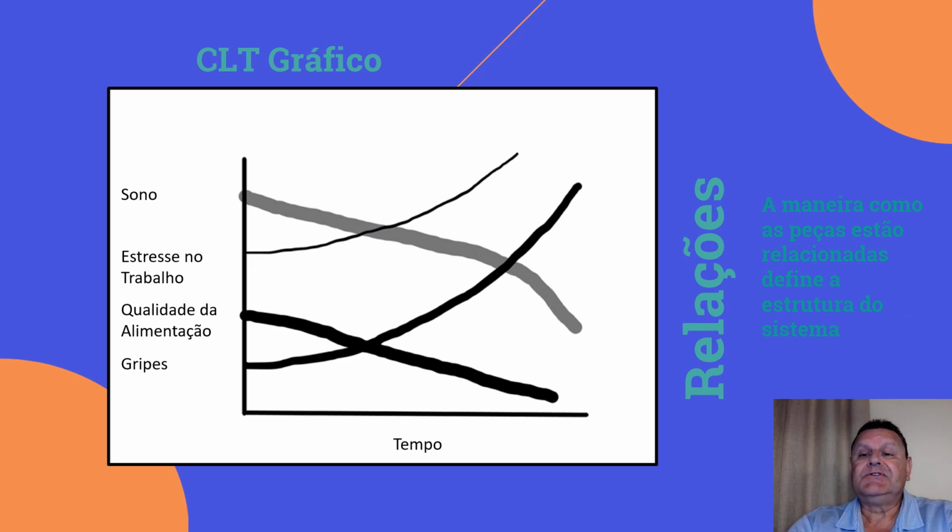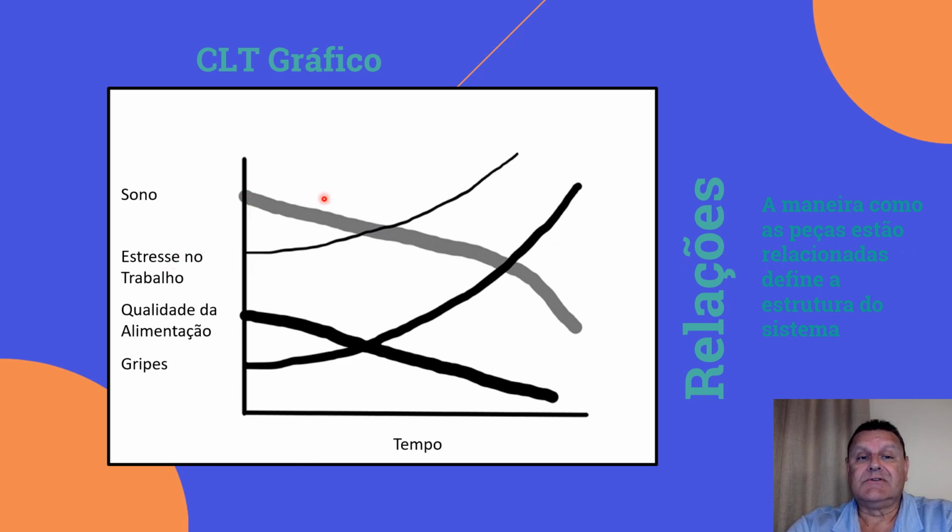But this really demonstrates the reality that a BOT graph shows the ways that the parts of a system, or the variables, are related. We call sleep, work stress, diet quality, and colds variables. So what we're finding is that we see two that are going down, we see two that are going up, and we can say they have a positive correlation.